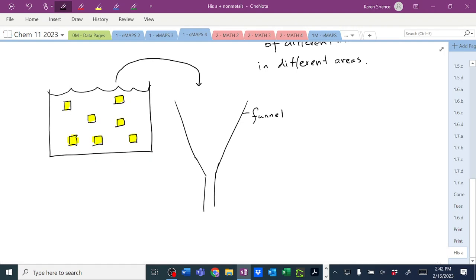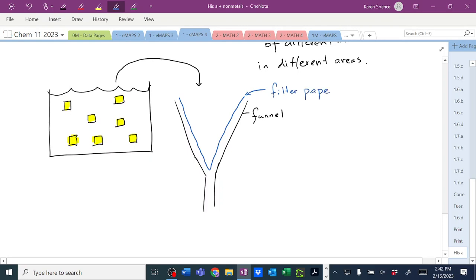And in the funnel, we have put some filter paper. And the filter paper has holes in it. Small holes.